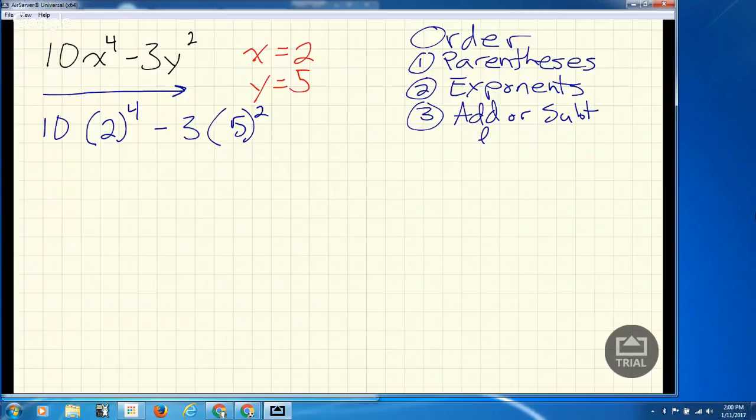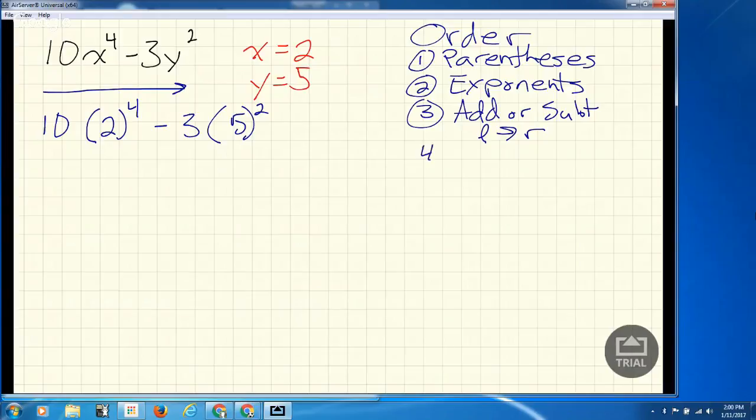And we do those from left to right, depending on how they occur.